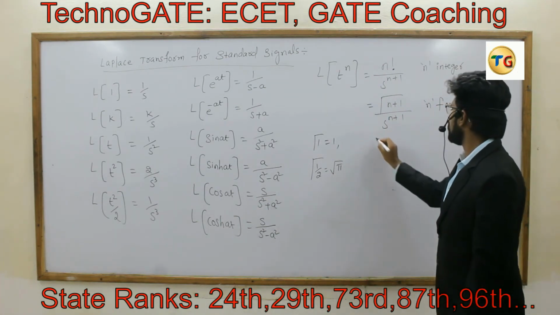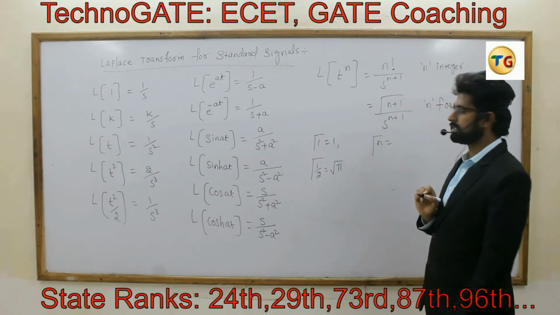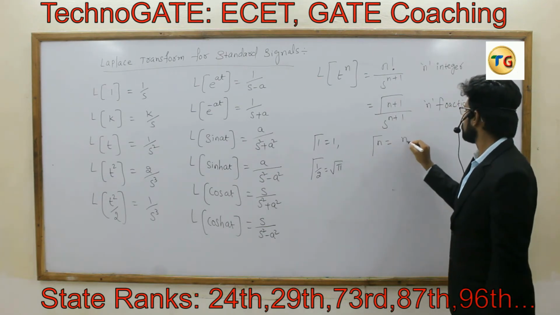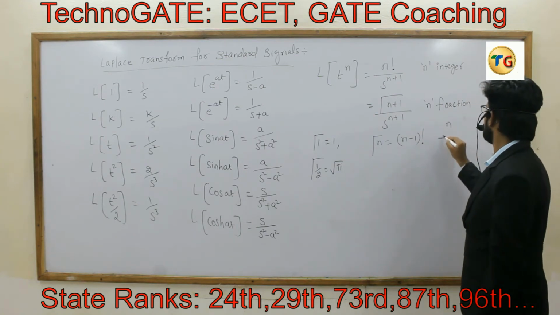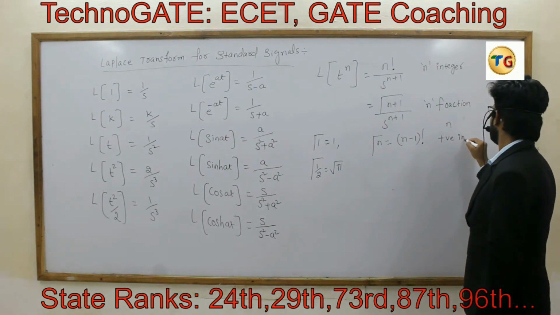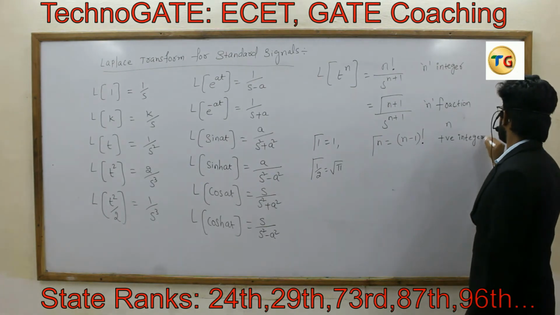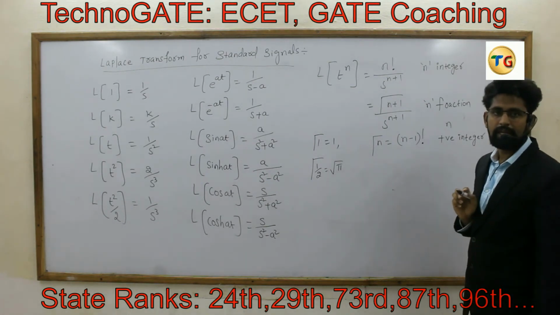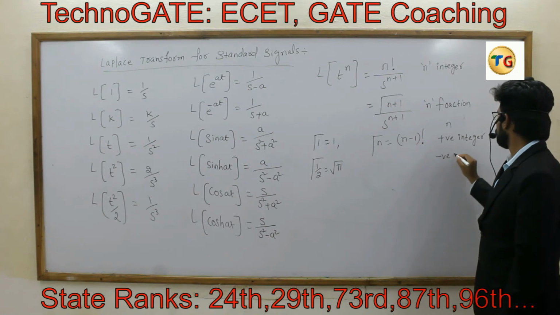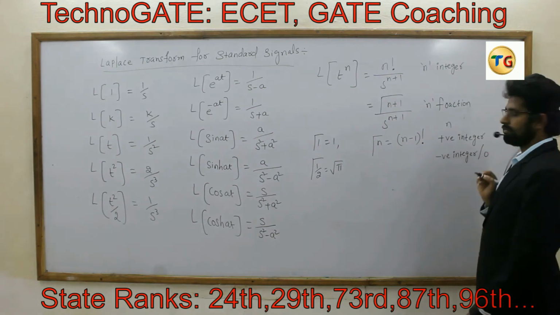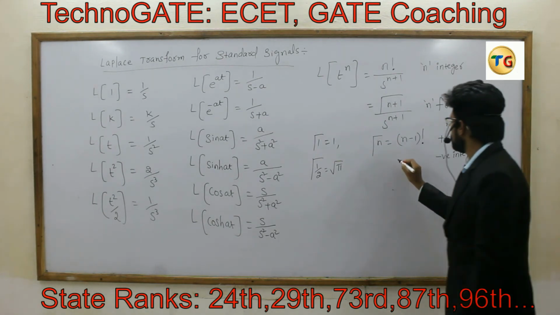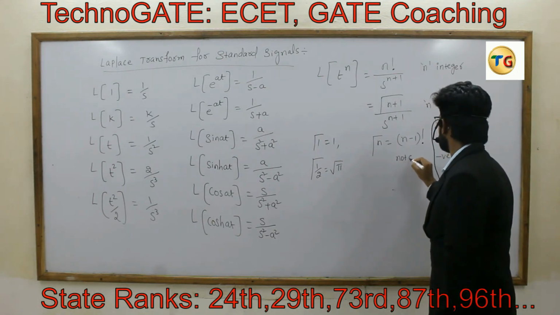The value of gamma n is n minus 1 factorial if n is a positive integer. If n is a negative integer or 0, gamma of n is not defined.